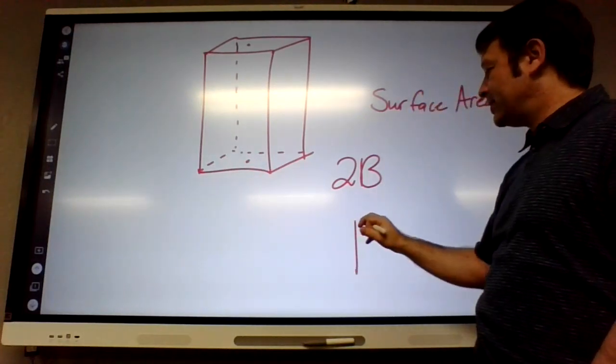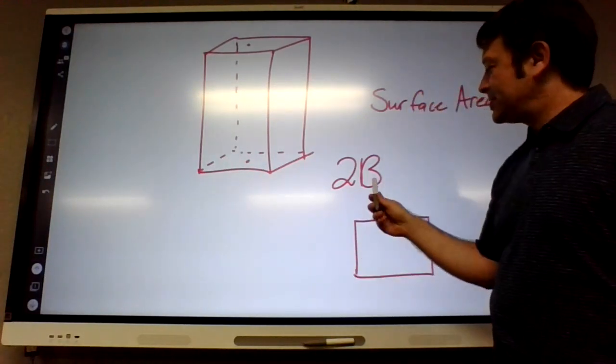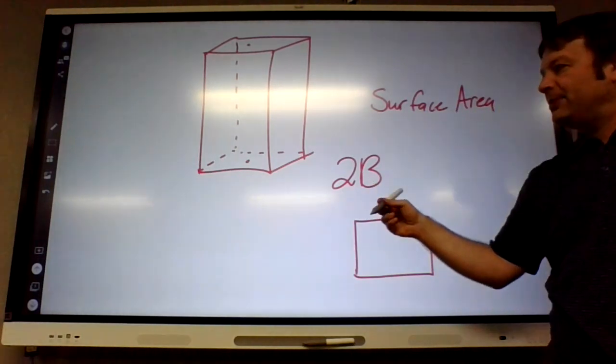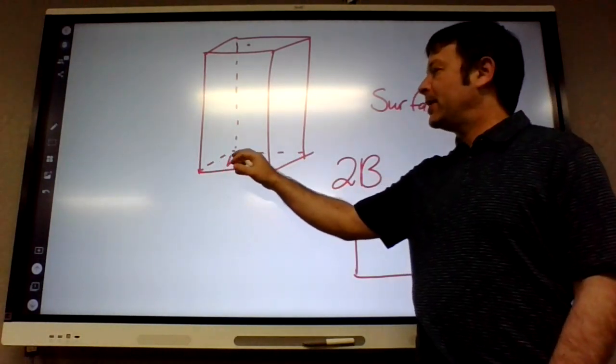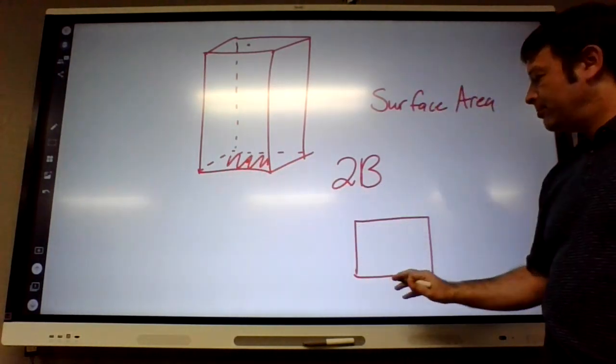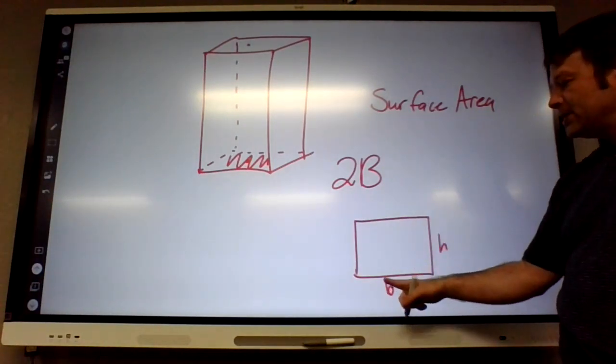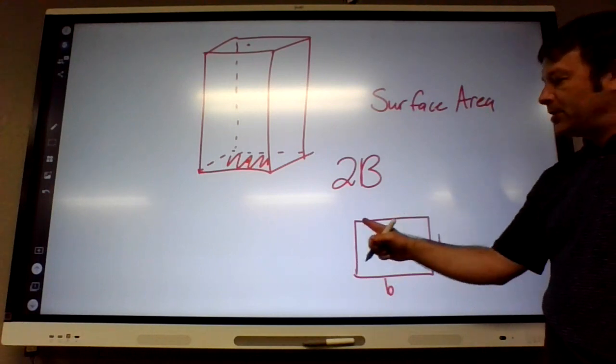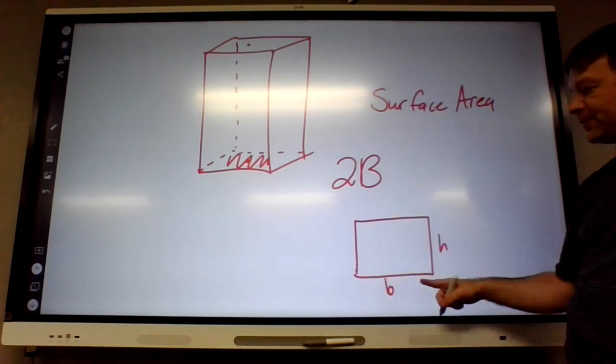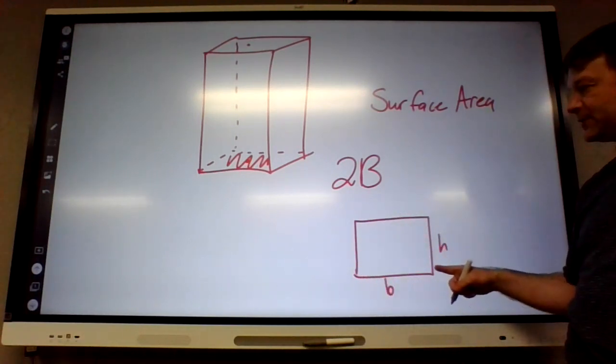Now a little side note here. When I say base area, I mean the area of this entire rectangle. So 2 chapters ago, we called this the base and the height. On a 2-dimensional polygon, the little b stands for this edge and the height stands for this.